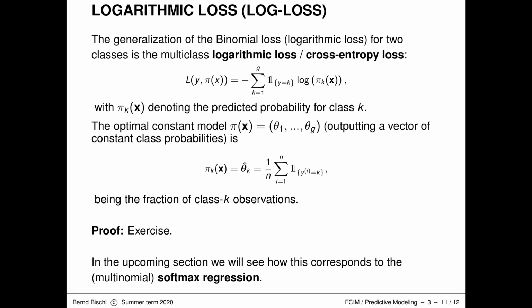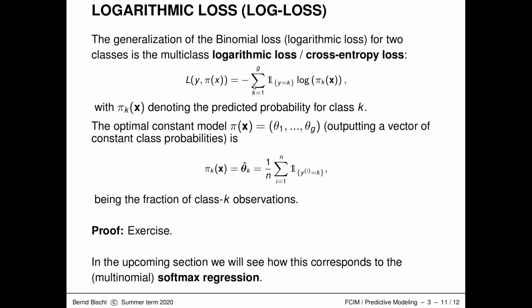There's also a multi-class version for the log loss, which is also called entropy, cross-entropy loss, and that terminology we'll understand in the chapter on information theory. So how does that look like? So that is simply a sum over all of our G classes, where we use this 0, 1 hot encoding here for our classes times log pi k of x.